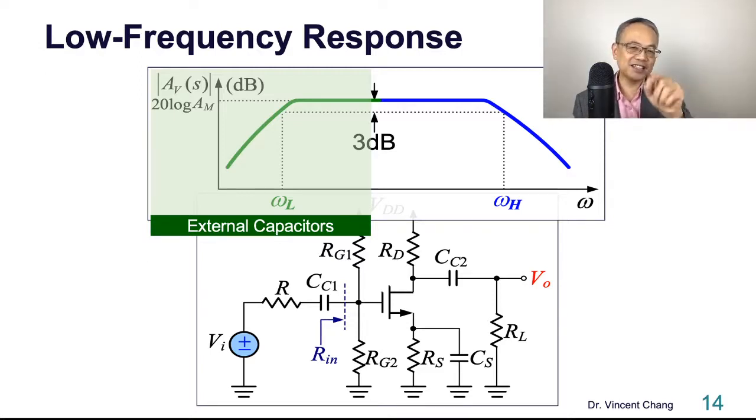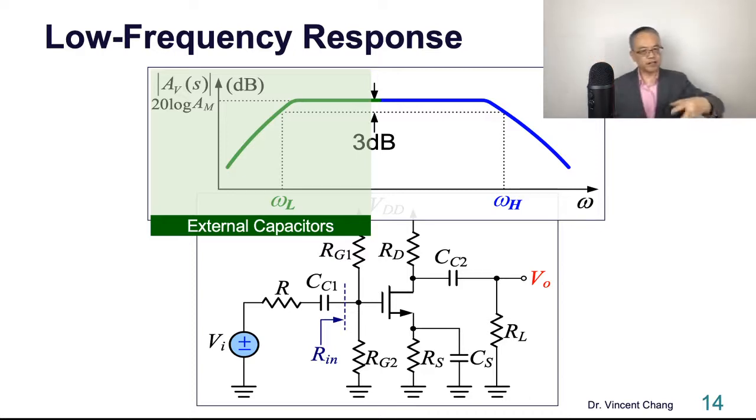If you do the S-domain analysis, something ugly is going to show up, all right? In slide number 2 of this lecture, you replace CC1 by 1 over SCC1, and 1 over SCC2, and 1 over SCS.